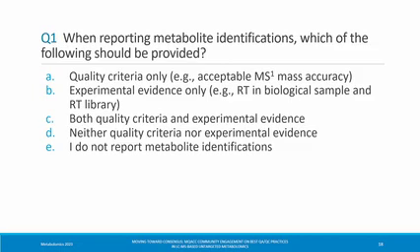Experimental evidence is, for example, the retention time in the biological sample and in the retention time library. Should it be both the quality criteria and the experimental evidence? Should it be neither? Or I don't do metabolomics, so I don't report metabolite identifications. So vote away, and Chris is going to tell me when to stop.